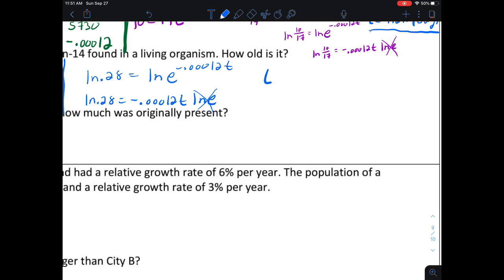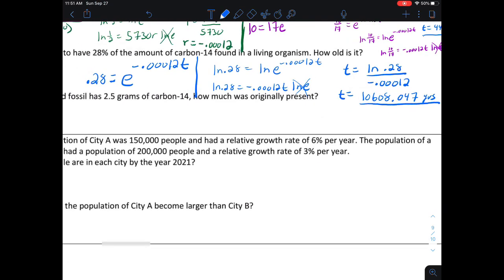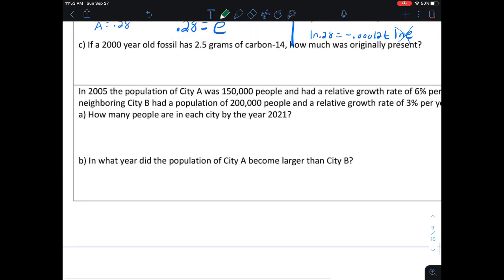And I divide by that decimal. So the number of years for how old this thing is would be the ln of 0.28 divided by negative 0.00012. And we get the approximate number of years using our calculator, and you get about 10,608.047 years.